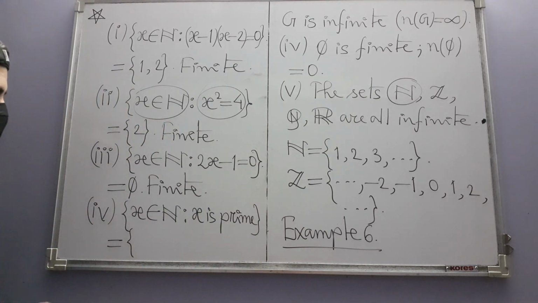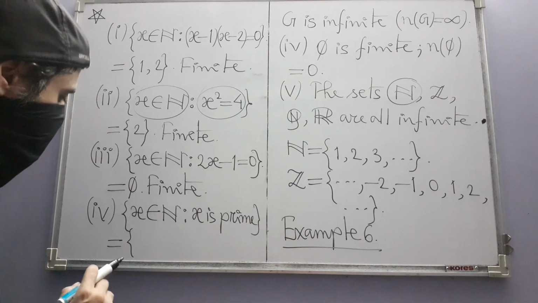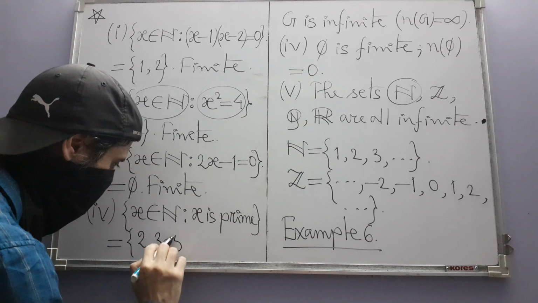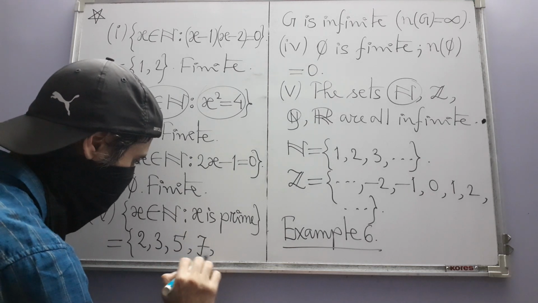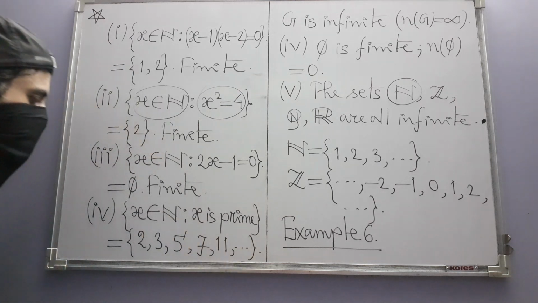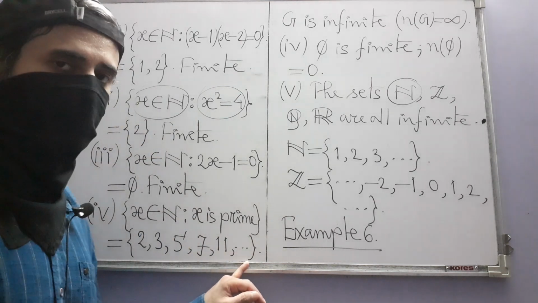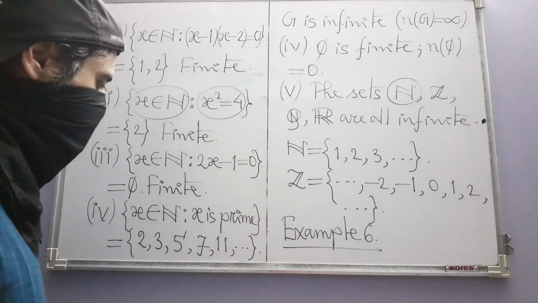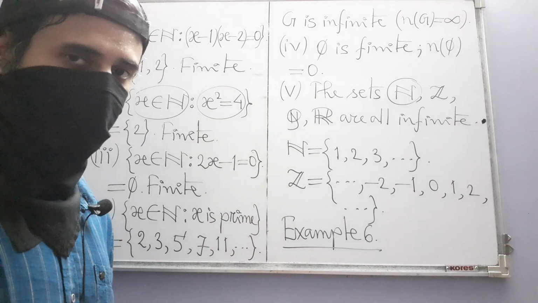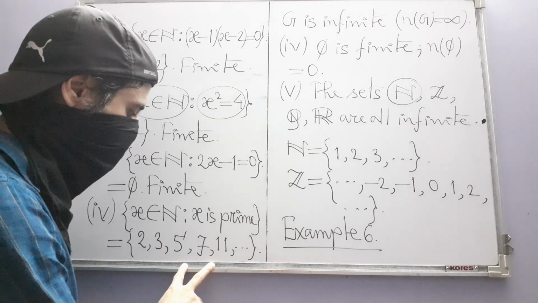If one tries to write this set in roster form, after writing the first few primes, one has to use ellipses to complete writing the set. One finds the proof of this fact that there are infinitely many primes.